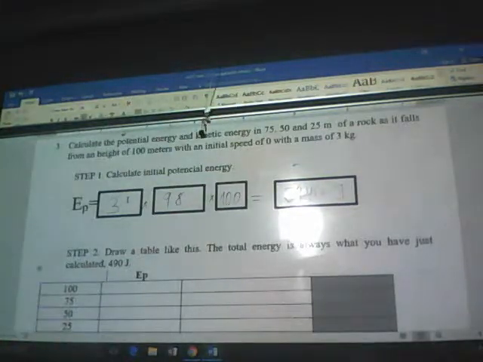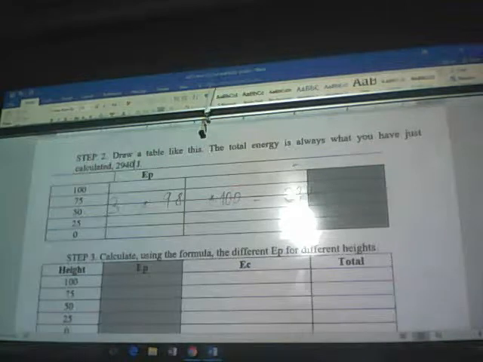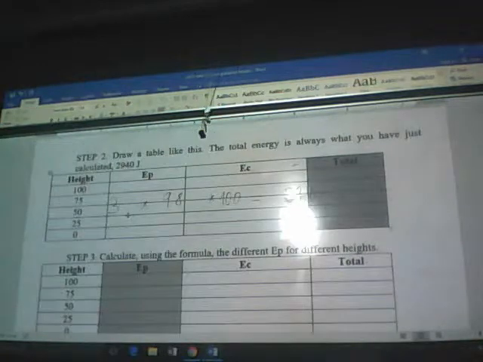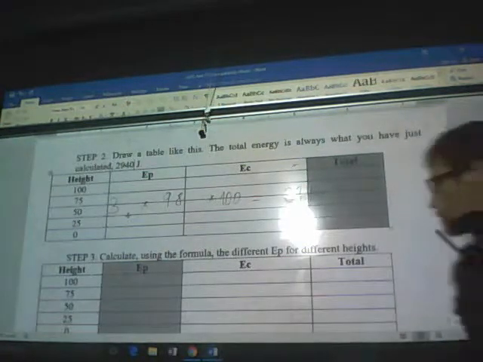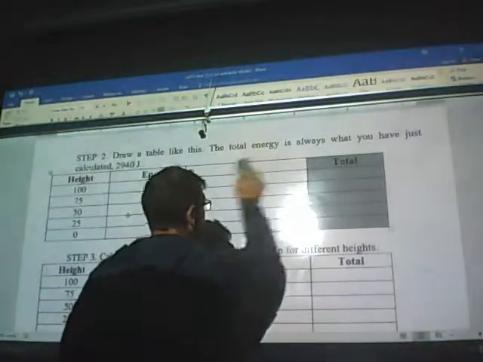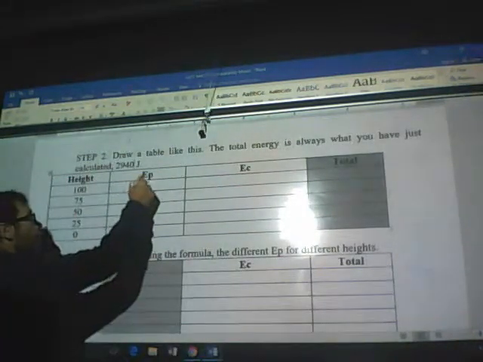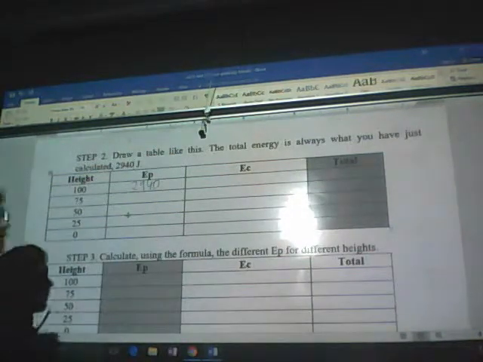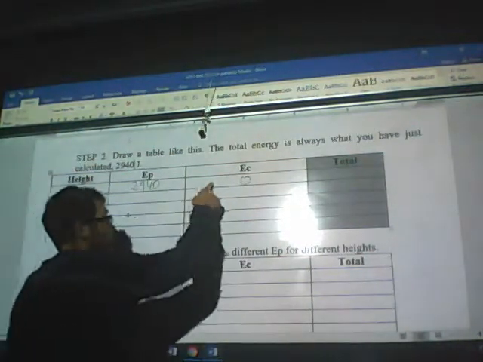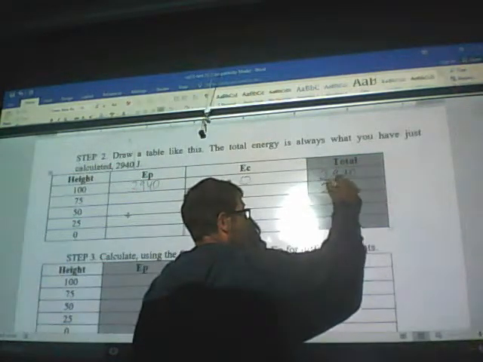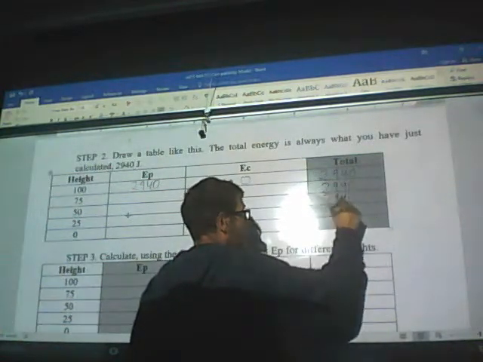The thing you gotta do here is, with that initial energy, that is 2000, which is wrong. Like the initial kinetic energy is 0, and the total energy, you add them, you have this, okay? The total energy is always the same, okay?